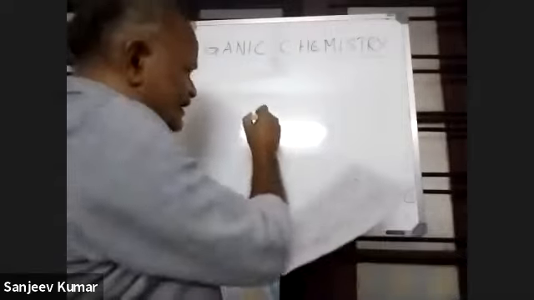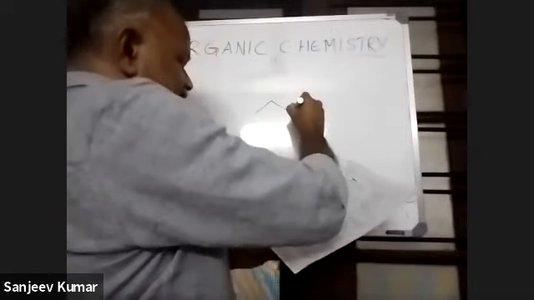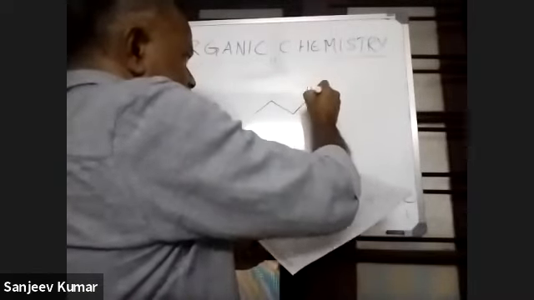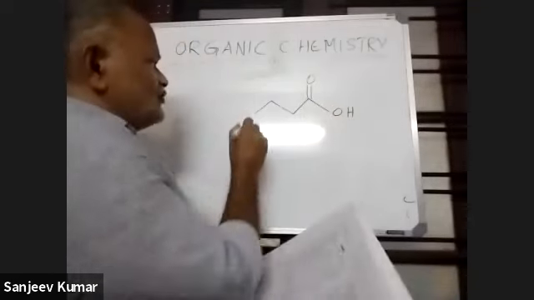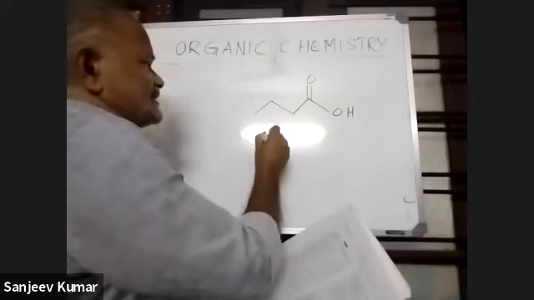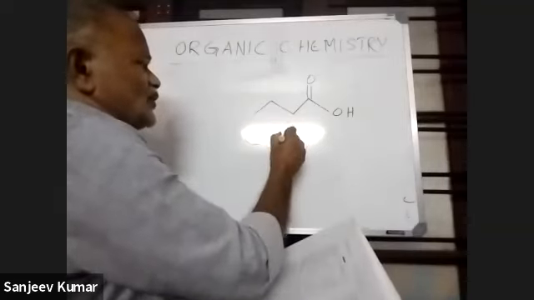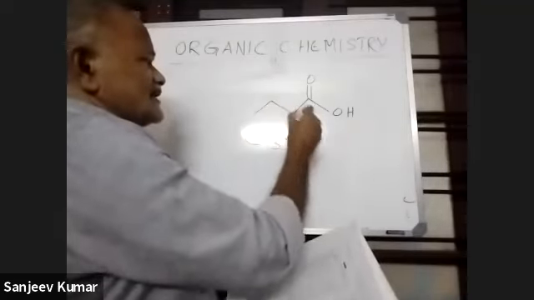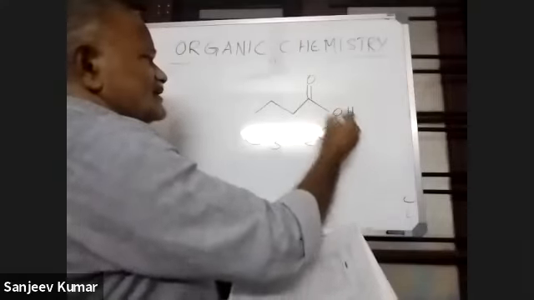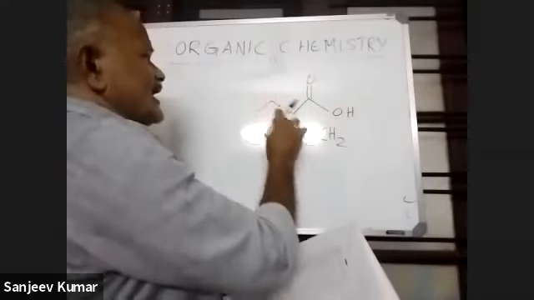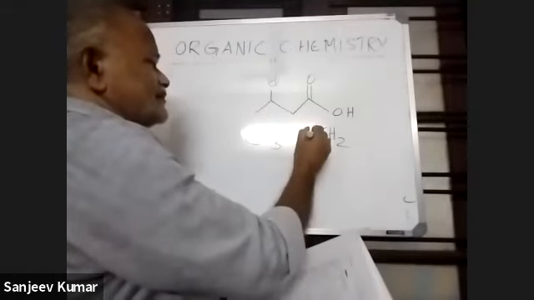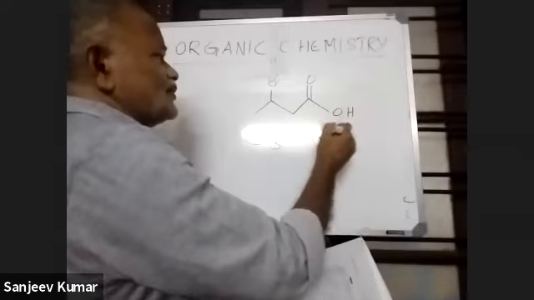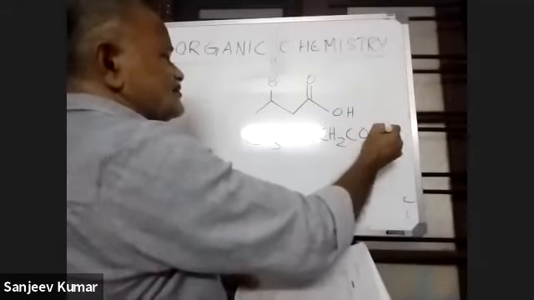It is nothing but CH3, CH2, CH2, COOH, and here chlorine is there. Therefore CH3, CHCl, CH2, COOH.